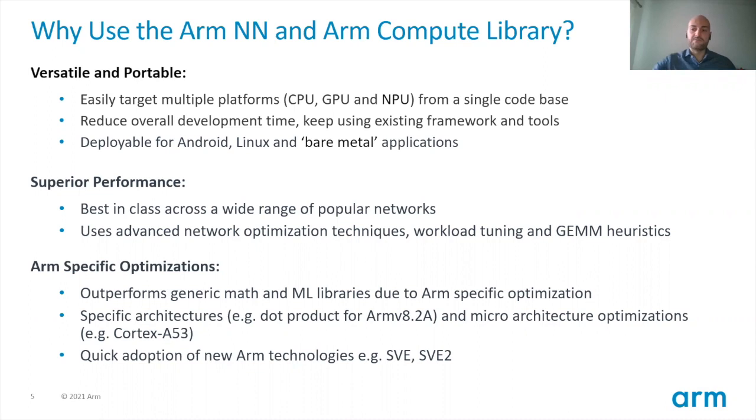This means that the GEMM routine, which is at the heart of most of the convolution layers, is tuned in a way to exploit the best performance on your Mali GPUs or Cortex-A CPUs.